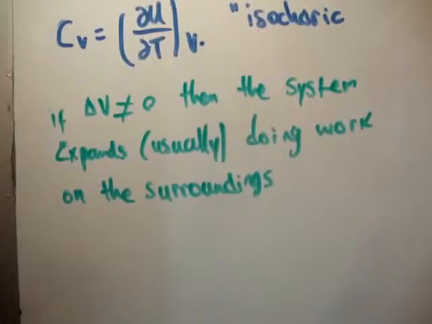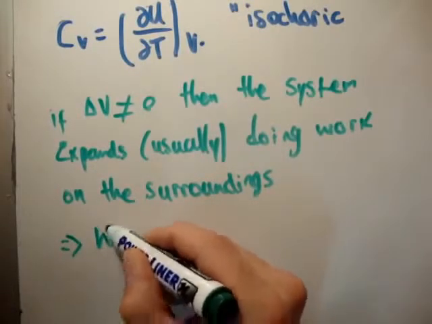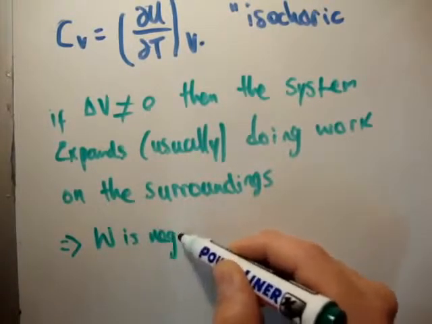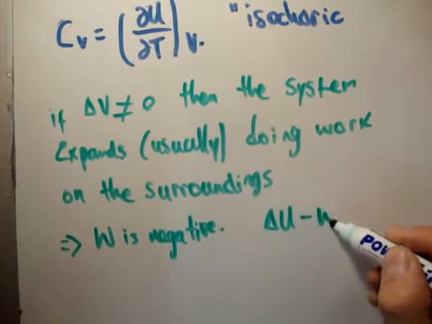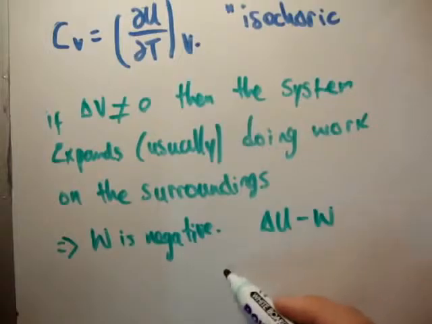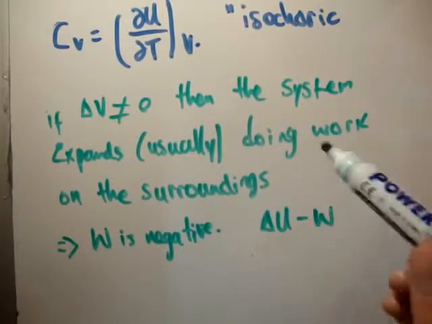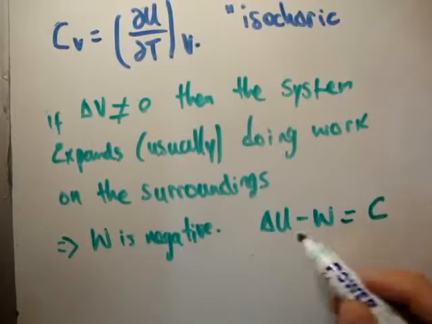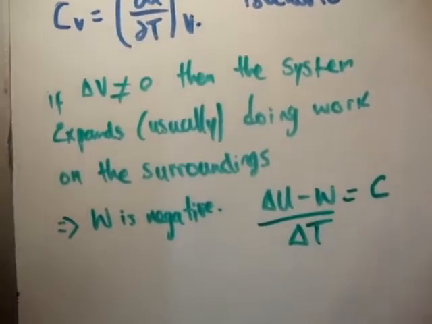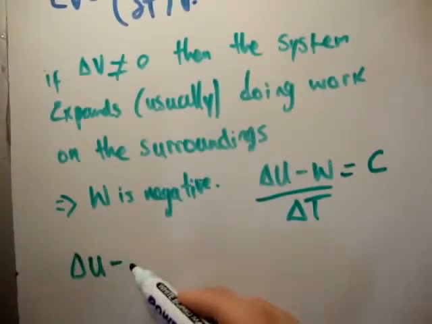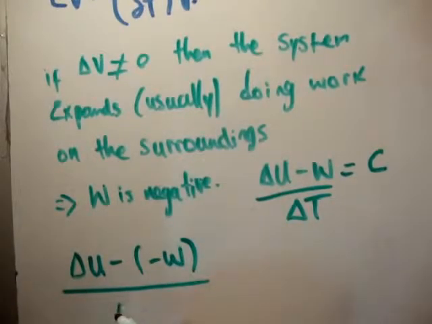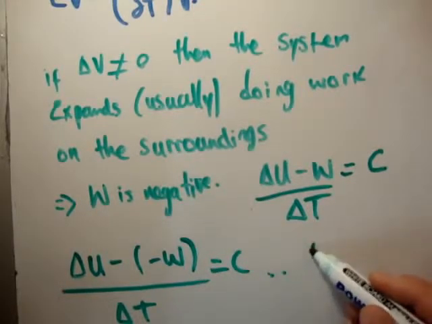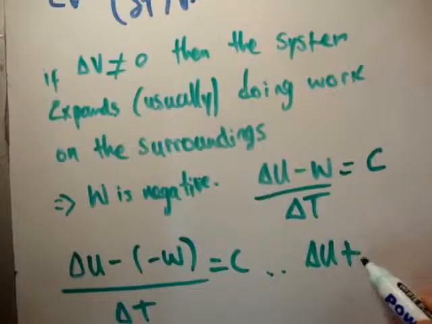Now, if the system is doing work on the surroundings, by our sign convention, W is negative. Delta U minus W is equal to C, let's say that's what we had. So now it's delta U minus W over delta T is equal to C, or delta U plus W.